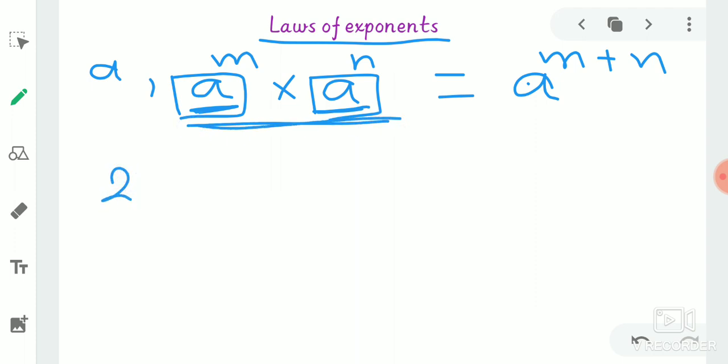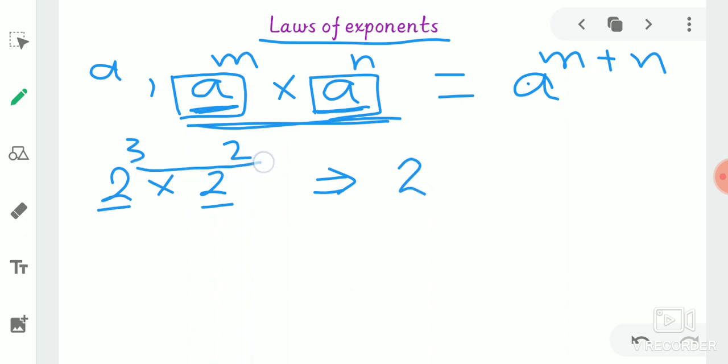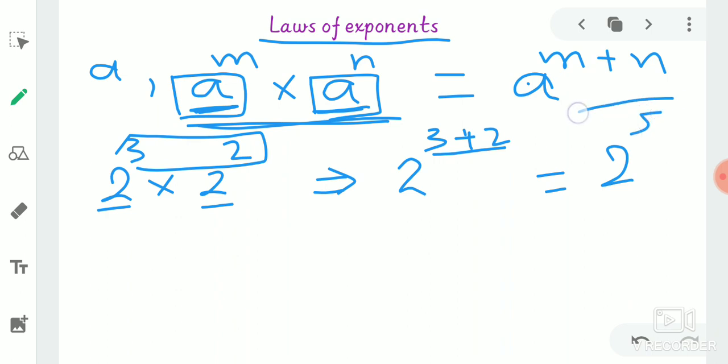For example, 2 raised to power 3 multiplied by 2 raised to power 2. Here we have the same base 2 and 2. We can write it as 2 and the sum of powers. Bases are the same, powers are added. That is 3 plus 2, which is 5. I can write it as 2 raised to power 5.